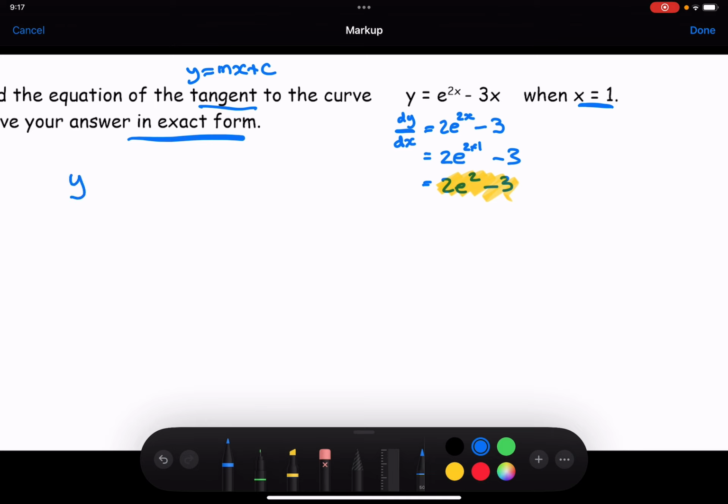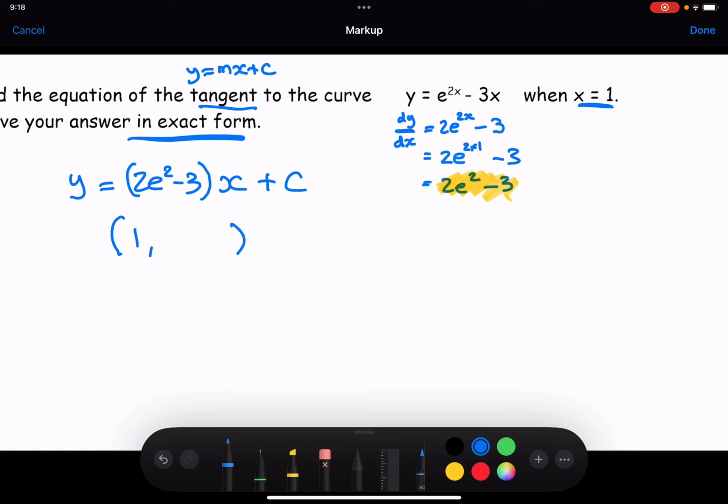So y equals mx plus c, y equals m, I'm going to put that in brackets because that's the whole m, x plus c. To work out my c, I need to substitute a coordinate in. I know that the x-coordinate is 1, but I don't know what the y-coordinate is yet.